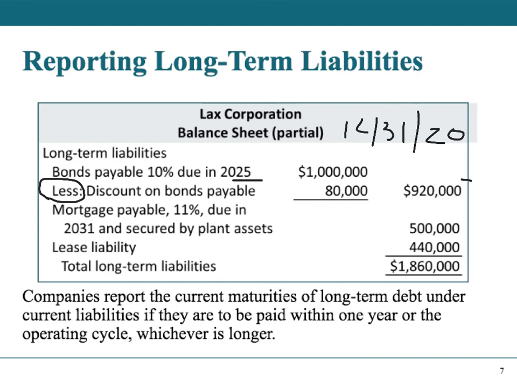And this $920,000 is called the carrying value of the bond, carrying on the books. Mortgage payable at 11%, due in 2031. Here is the amount. And then lease liability at $440,000. So total liabilities is over $1 million. And this is showing exactly what I just explained in the other two PowerPoint slides.